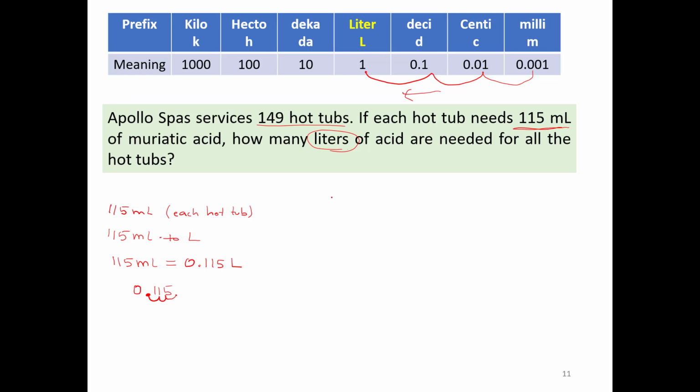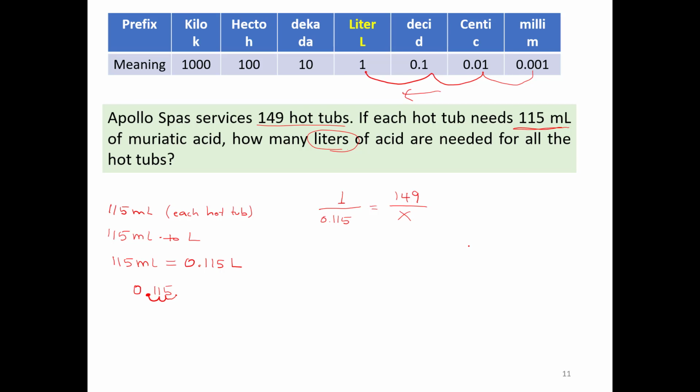Then, for example, let's write the proportion with the information we know. We have 1 hot tub equal to 0.115 liters. And we want to know for 149 hot tubs, how many liters?